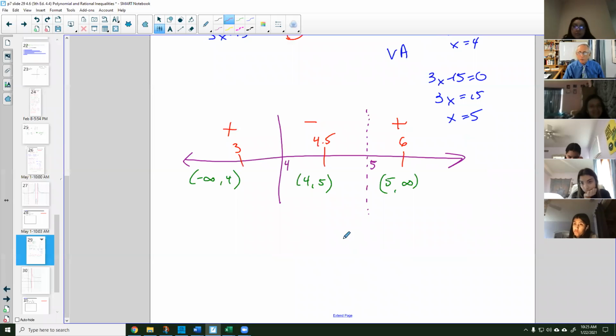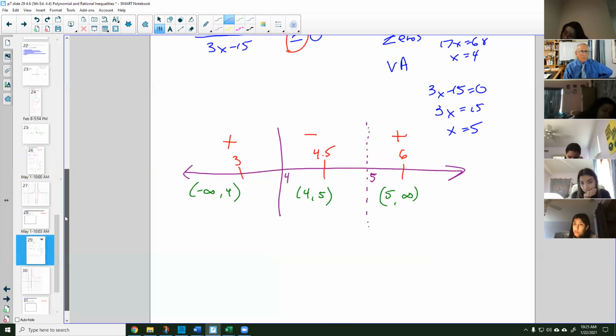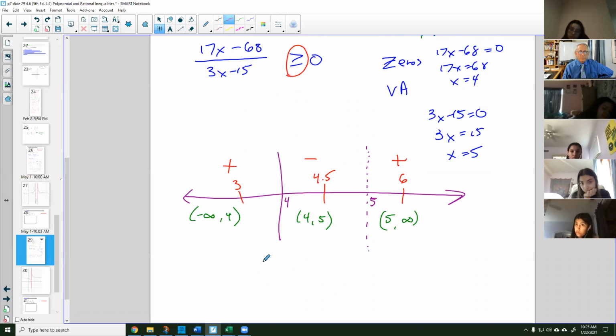So Katie, can you give me the answer? It would be negative infinity, comma 4, and the 4 would have a bracket. Negative infinity and positive infinity always have parentheses.